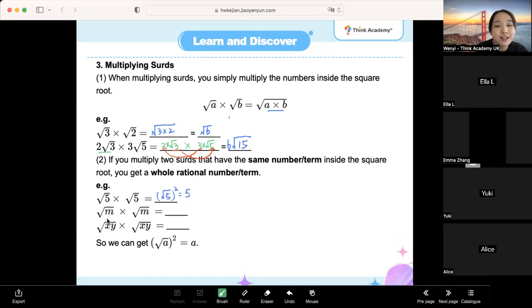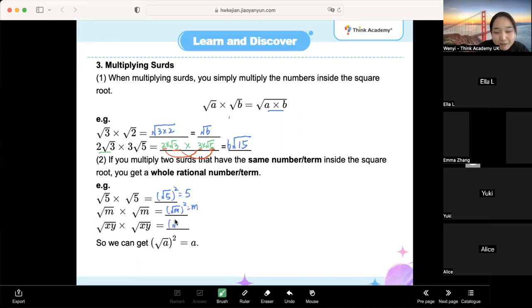Then for the letter inside this root sign, what can we get? Yes, that is just m, which is root m to the power of 2 equals m. Then for the third answer, can you type your answer in the chat box? Yes, it's very, very easy, right?